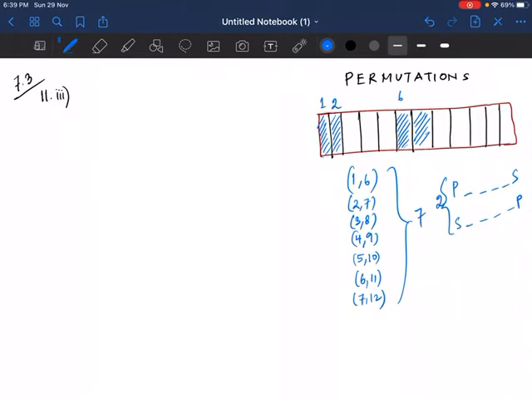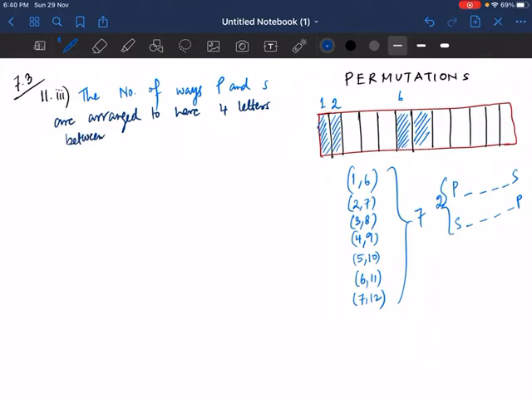So the number of ways P and S are arranged to have 4 letters between them will be equal to 7 into 2 by the multiplication principle.